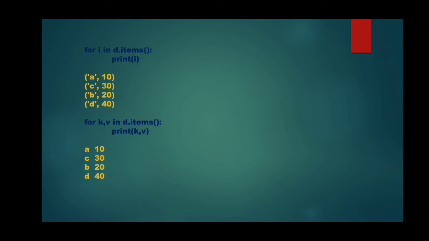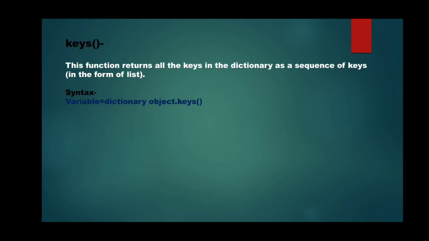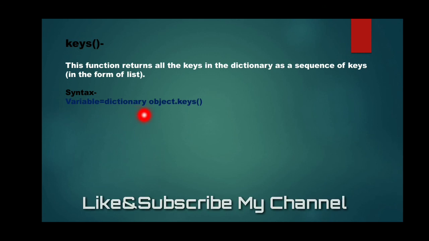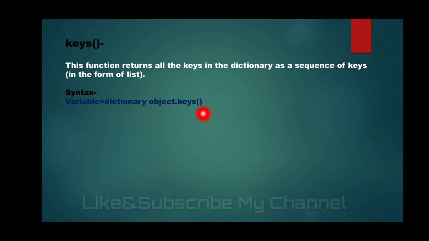Right? Now moving on to another function, that is keys. This function, as the name suggests, will simply provide you a list of all the keys existing in the dictionary. How do we write? Variable, which will contain the list of all the keys, is equal to dictionary object dot keys.